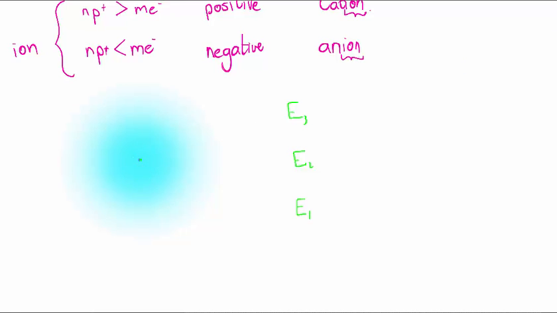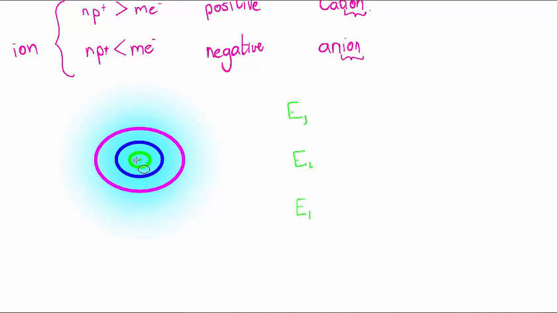It's not 100% accurate to say it like that, but this could be energy level 1, this could be energy level 2, and this could be energy level 3, just as an example. There are more energy levels, but in high school we only look at three.